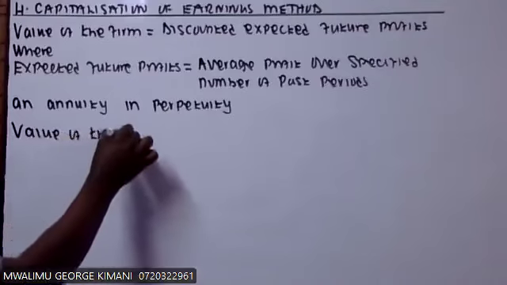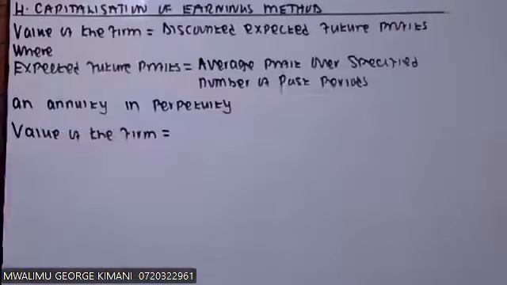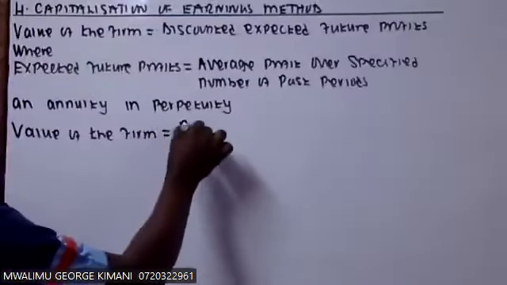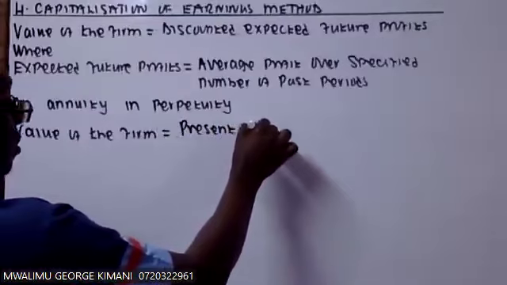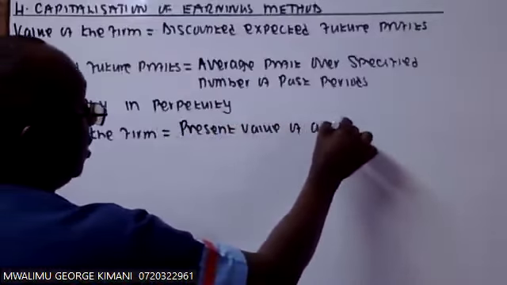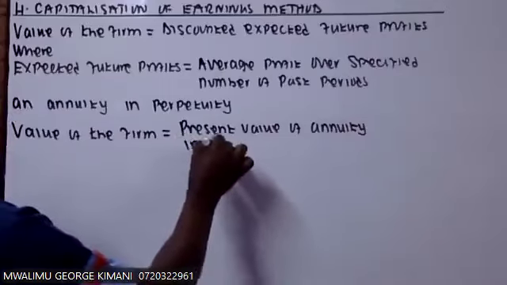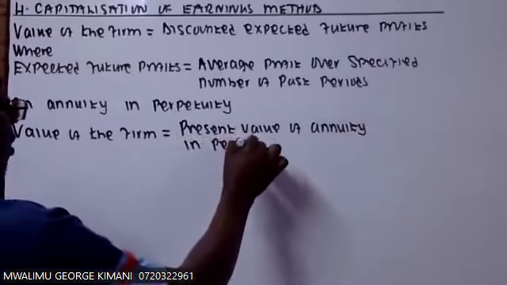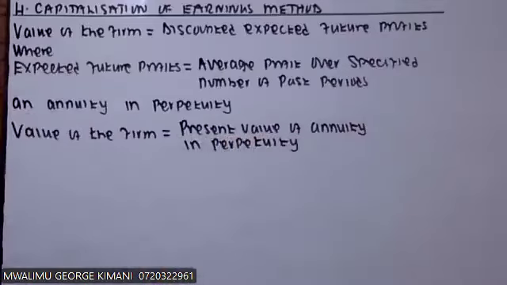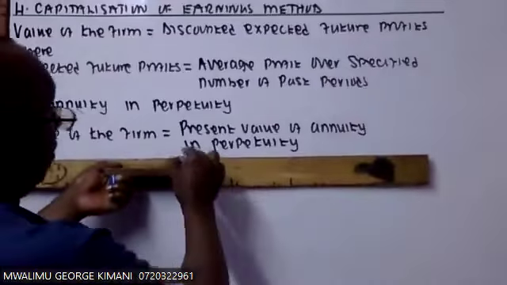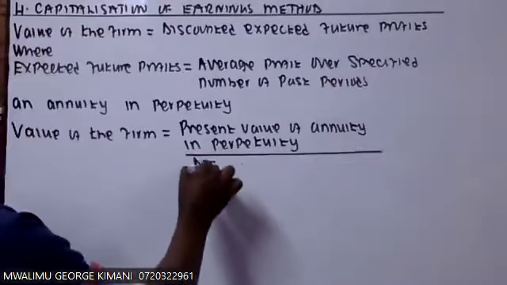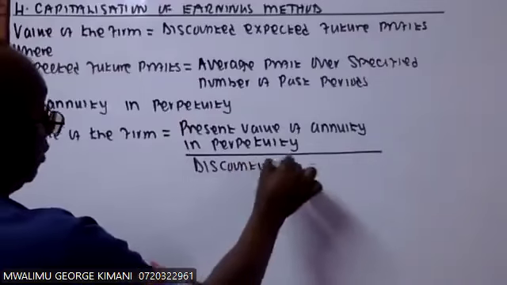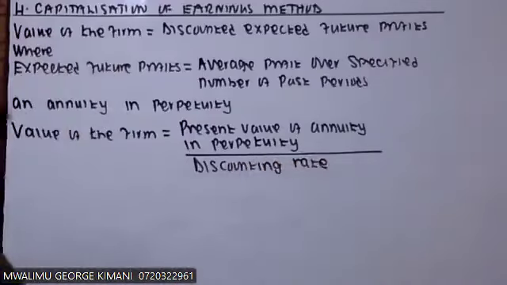Value of the firm is the present value of annuity in perpetuity. You divide by the discounting rate.